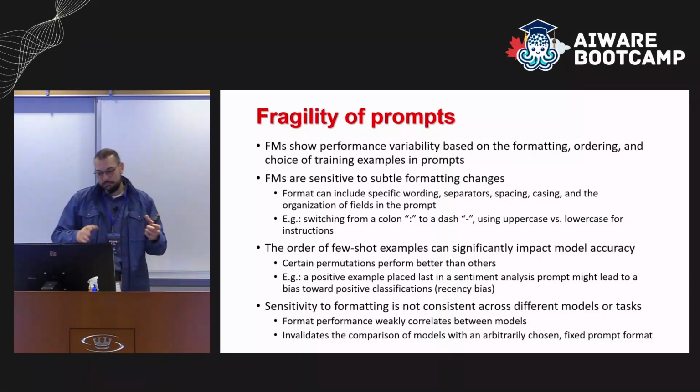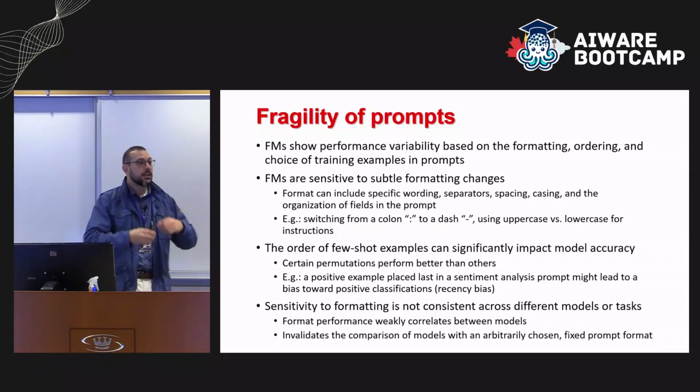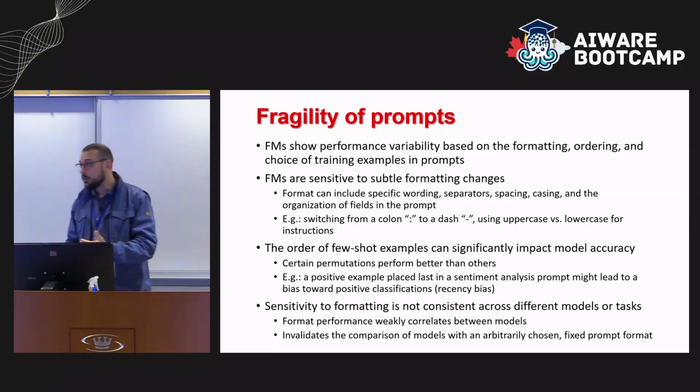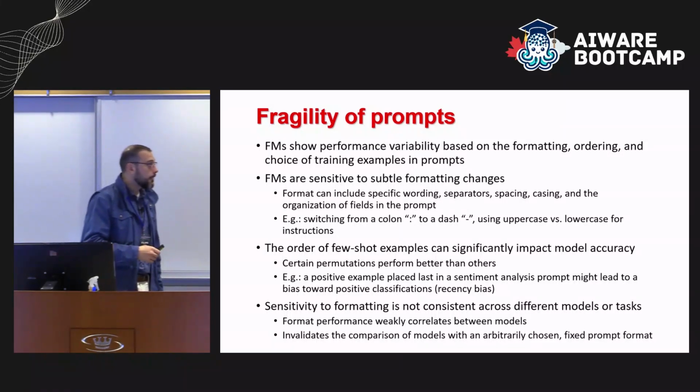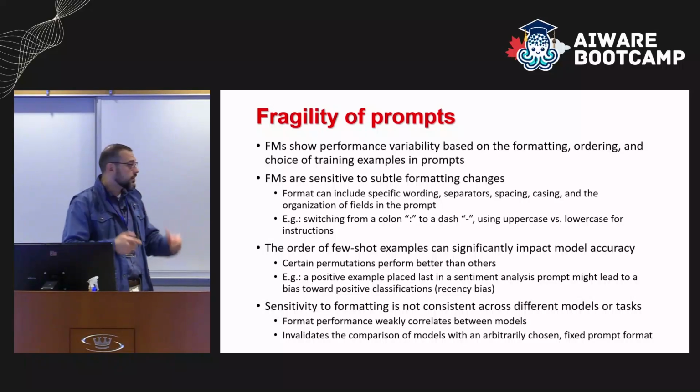The papers that I could review basically try to change the order of the few-shot examples or how they are written, in terms of separators and so on. I will show a little more on that, but there is a lot to be understood in terms of how prompts are really affected by these variations.